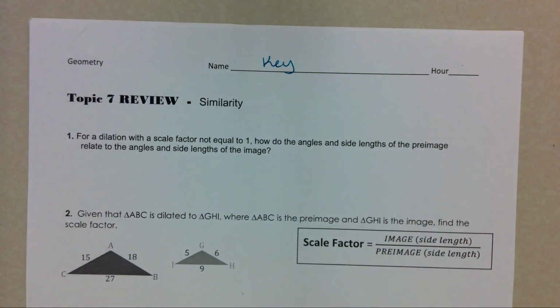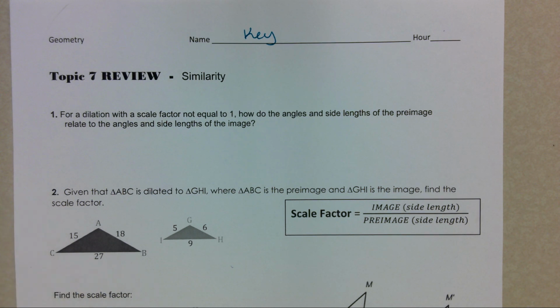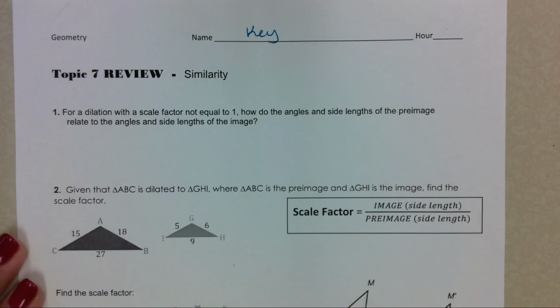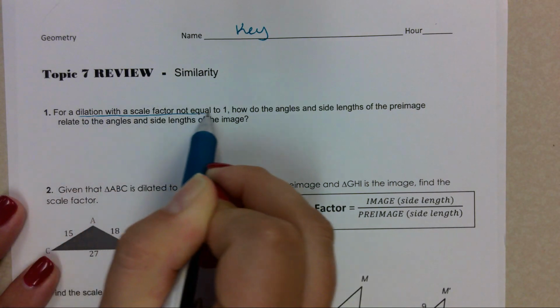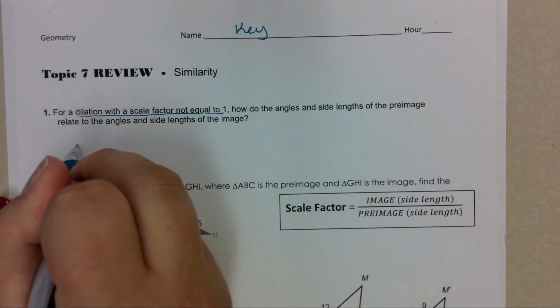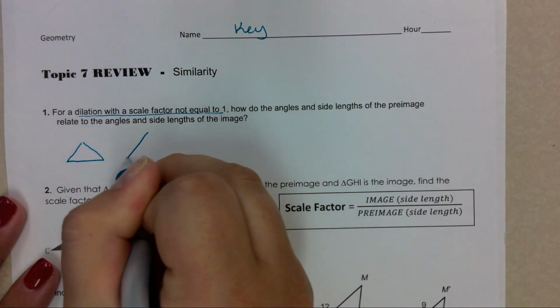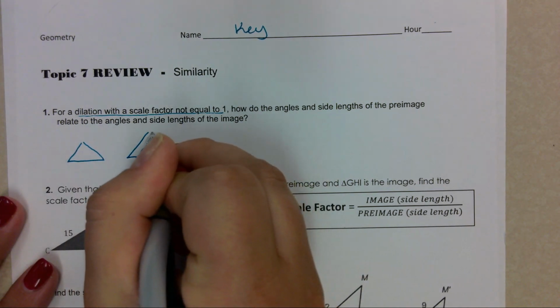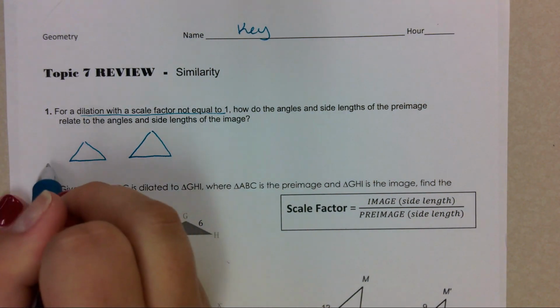Number 1 says, for a dilation with a scale factor not equal to 1, how do the angles and the side lengths of the pre-image relate to the angles and the side lengths of the image? So a dilation with a scale factor not equal to 1 means we're going to get an image that is a similar polygon from the pre-image.